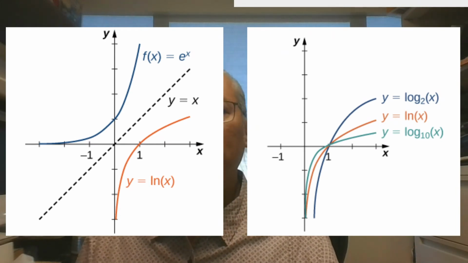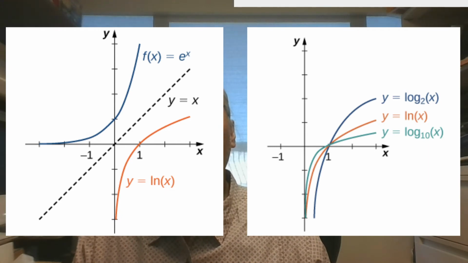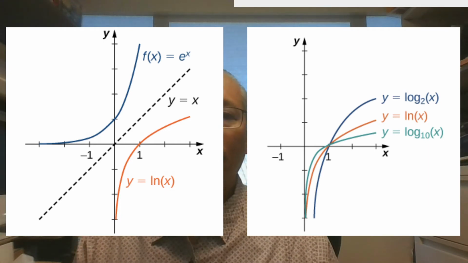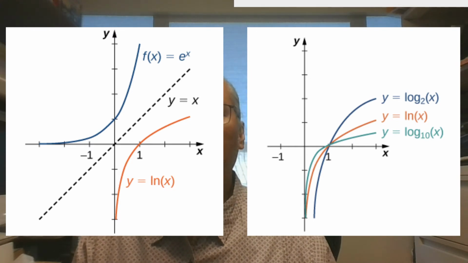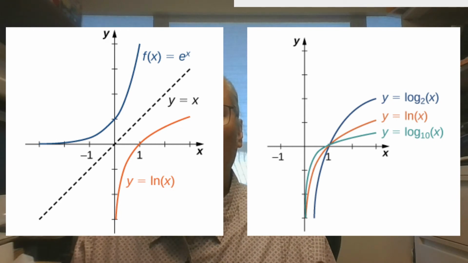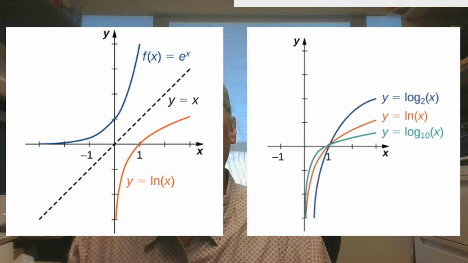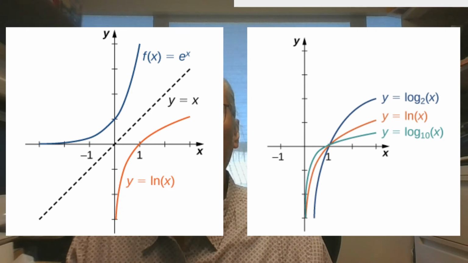After the exponents, you'll see that the exponential function is a one-to-one function, so it would be natural to find its inverse by reflecting about the y equals x line. When we do that for our e to the x function, we get our ln x function, the natural log function.